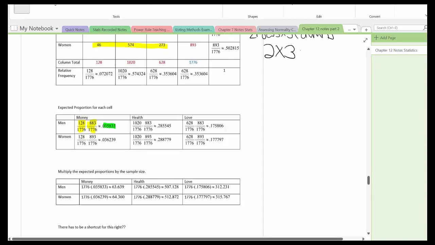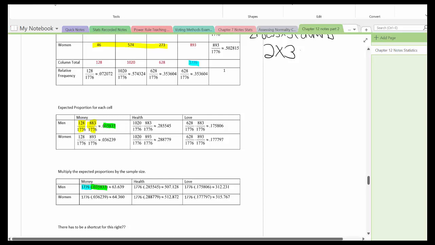The last part I would do then is to take the sample total, 1776, and multiply by the decimal appropriately. And we get the approximation in this case of 63.639. And you can do this for every single cell here.